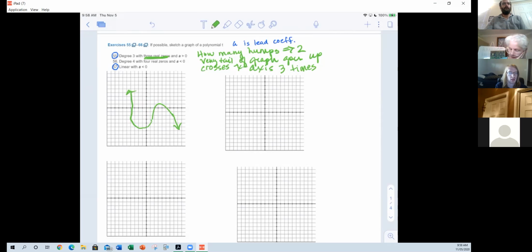Oh, thank you. Yeah, positive is pointing up. And it's going to cross the x-axis 3 times. And notice it'll have 2 humps. So your graph should look something like that. Doesn't have to look exactly like that at all. Anyone have something that looks wildly different than that they want to check?